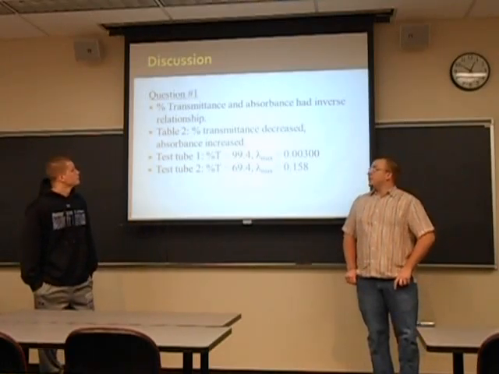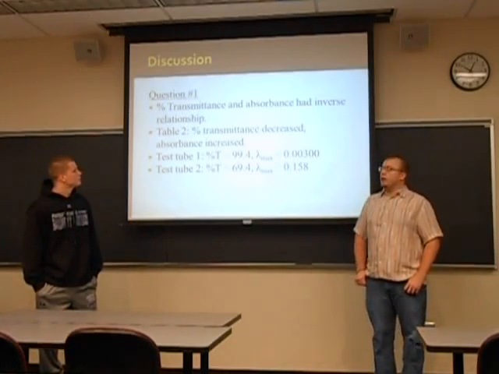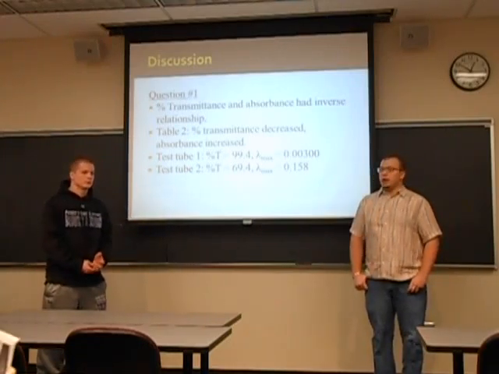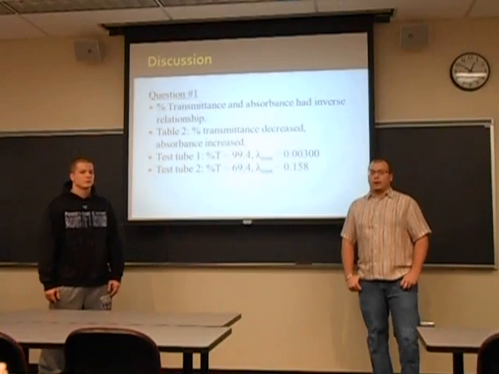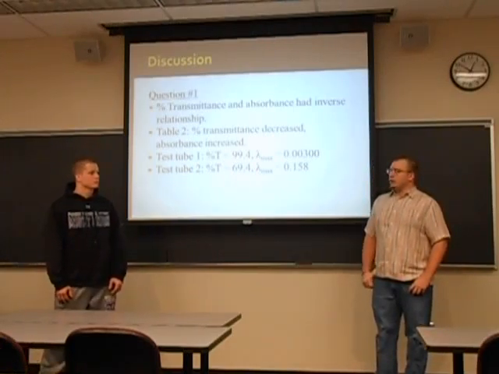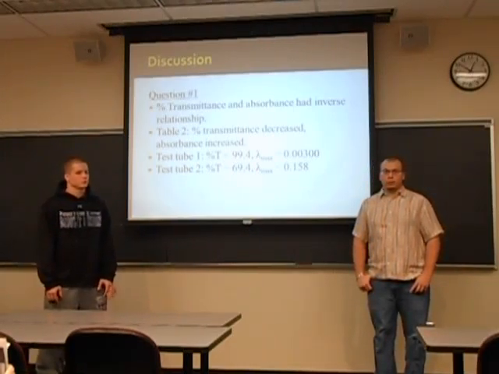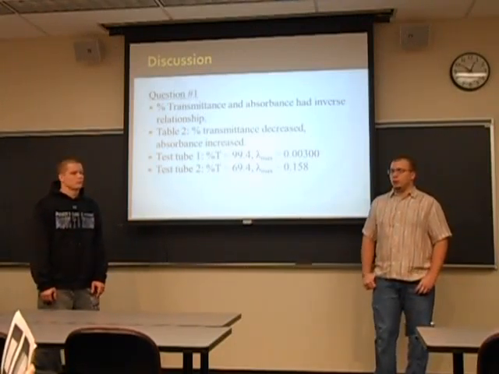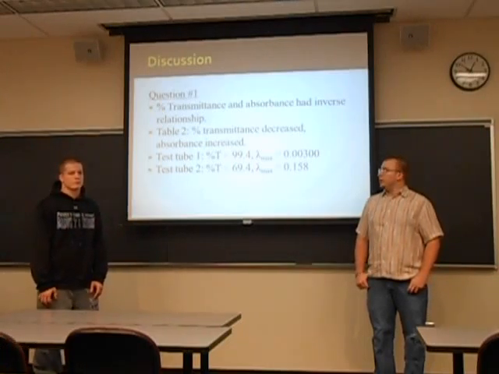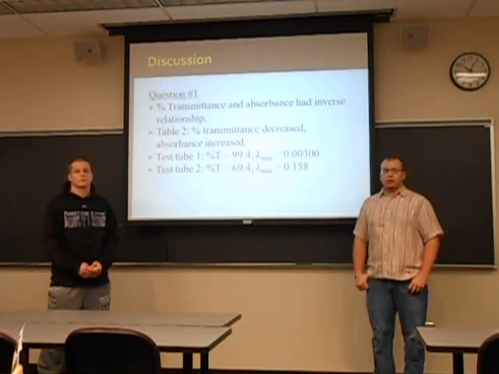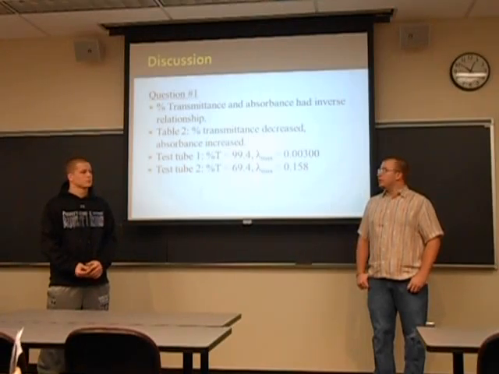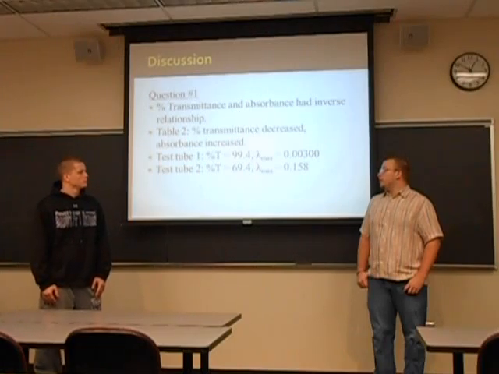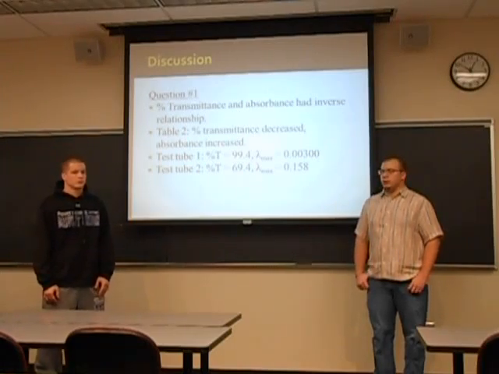For our discussion section, question number 1, the percent transmittance and absorbance had an inverse relationship. As the percent transmittance decreased, our absorbance increased. An example of this would be test tube number 1. Our percent transmittance was 99.4 at our lambda max, and our absorbance was 0.00300.